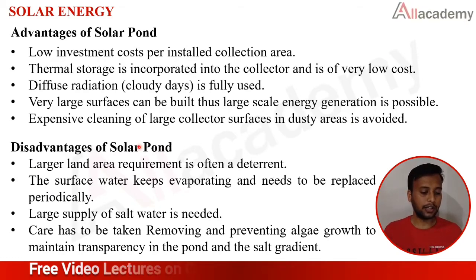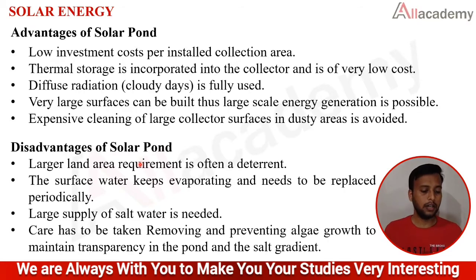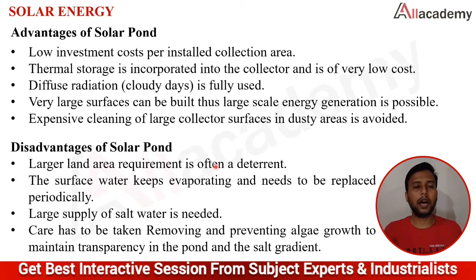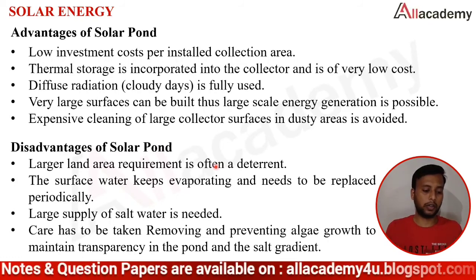So let us look into the disadvantages of a solar pond. The large land area requirement is often a deterrent, meaning in some restricted areas I may not get sufficient area. That is one drawback. Even though I can have more area, that may not be possible in all localities.